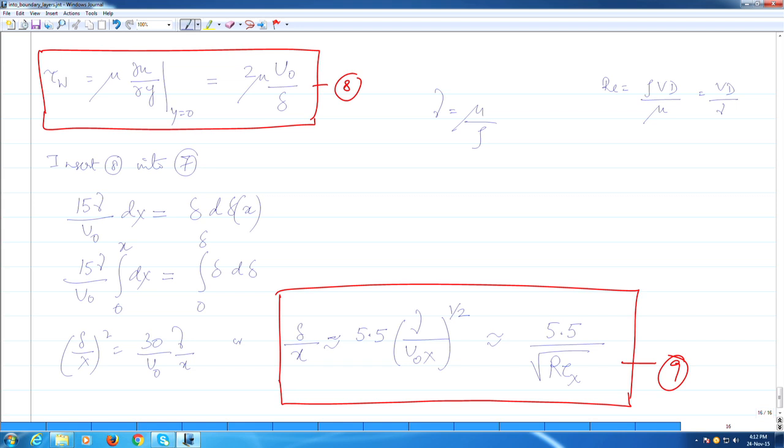Now, for the problem that we had set up, for a given plate, what is the distance at which the height of the boundary layer is 1 inch? I think you have sufficient information here to solve that problem. So, I will go ahead and stop here and meet you again for the next lecture, and let me not give you the answer to the problem.